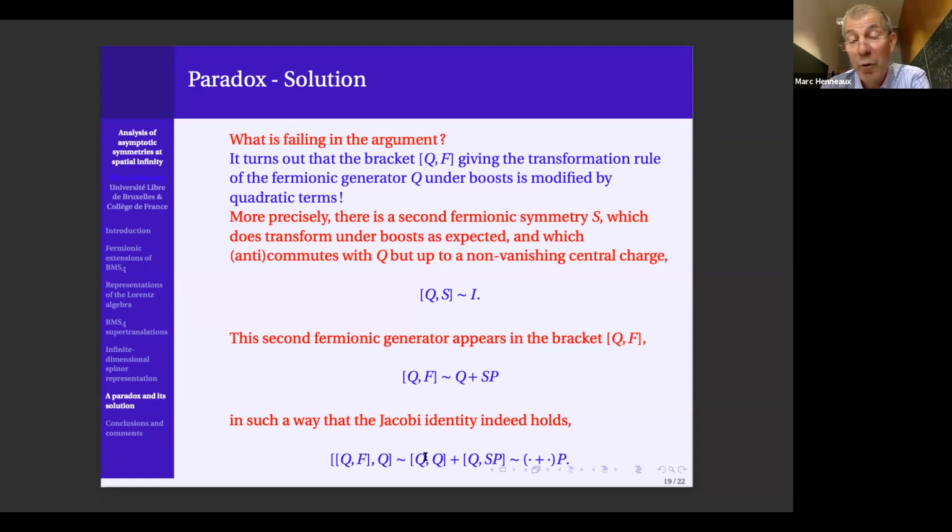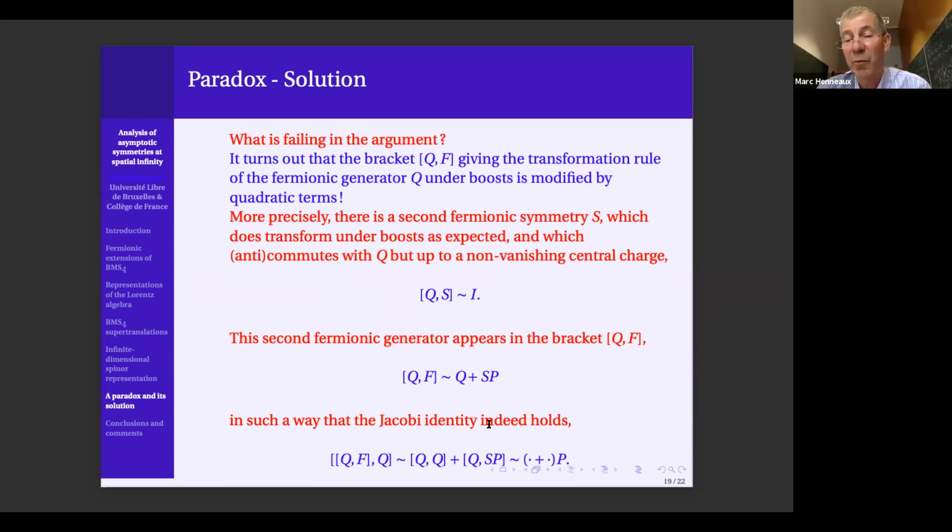Well, we had the QQ term, which was problematical, but you see that when you take the bracket of Q with SP, because there is a central charge, you will again produce terms proportional to P, and that will lead to what was missing in the transformation rule for P. And so you find that with these extra terms, which are indeed present if you do the computation, but somehow we did not understand the origin to begin with.